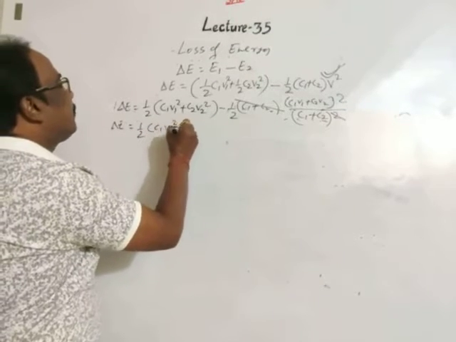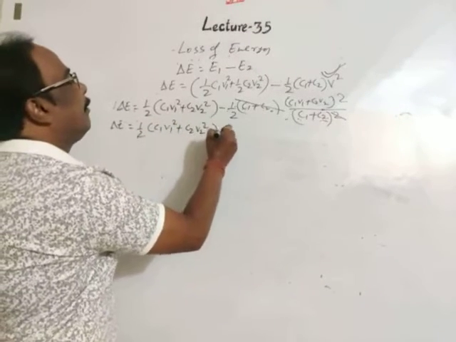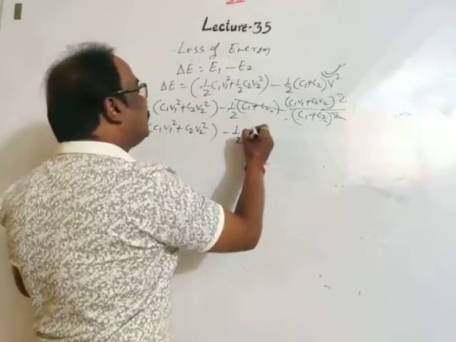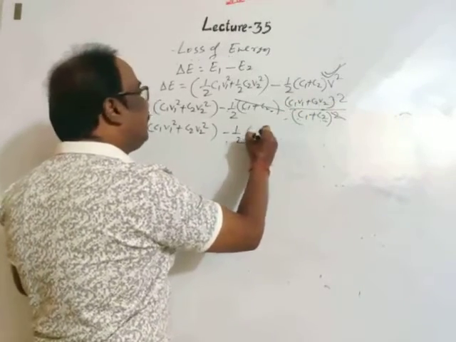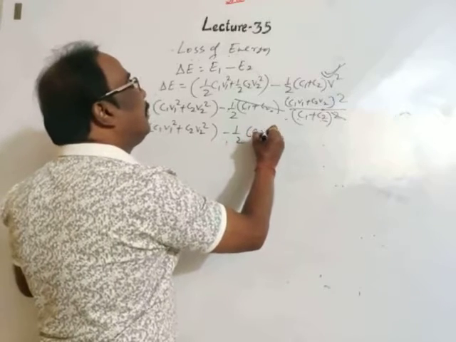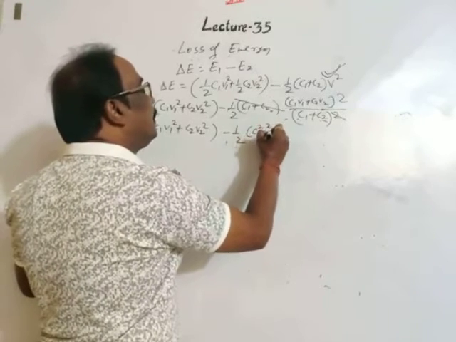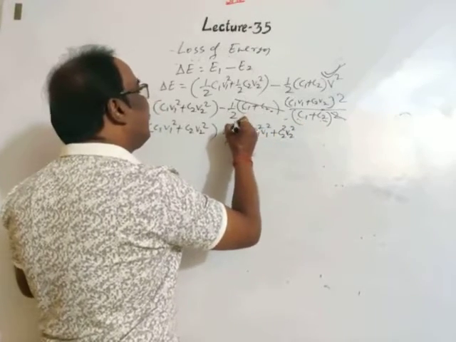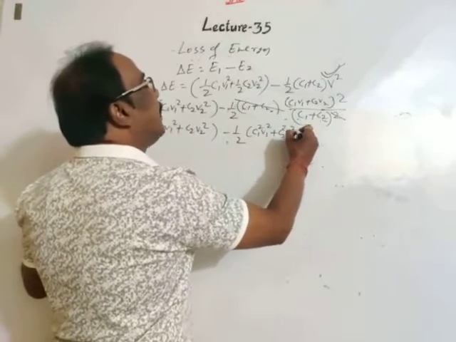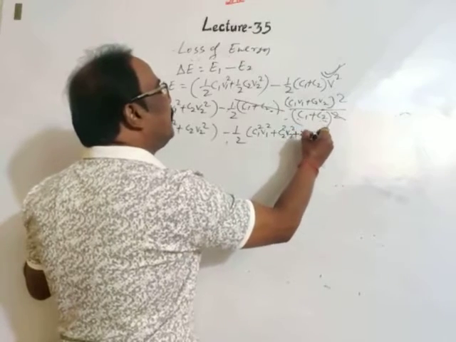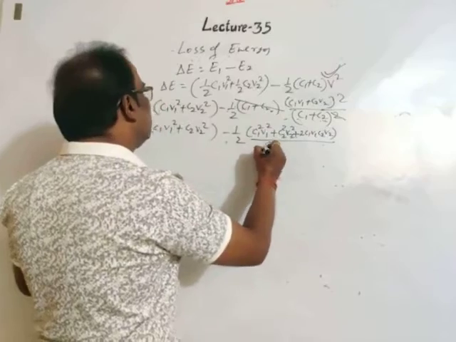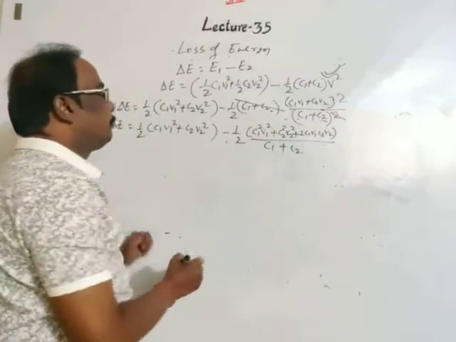C1V1 square plus C2V2 square minus half C whole square. We may take whole square directly: C1 square V1 square plus C2 square V2 square plus 2 C1V1 C2V2 divided by (C1 + C2).